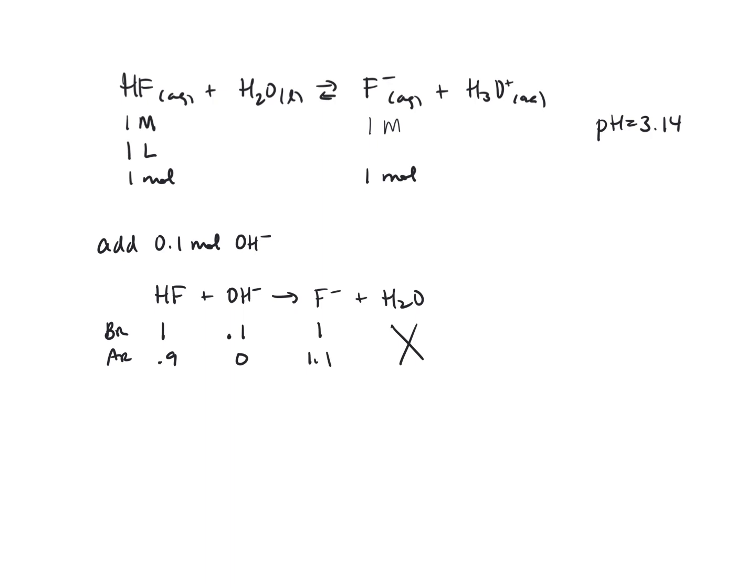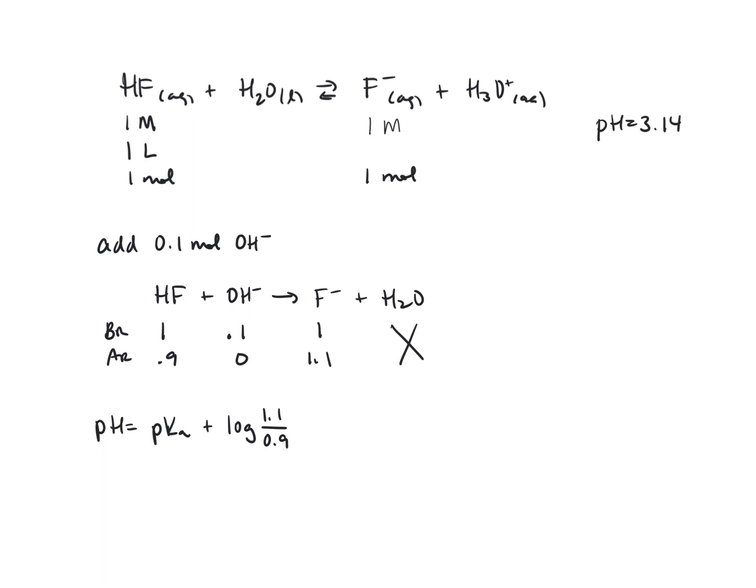And remember what I said, that you can use moles in Henderson-Hasselbalch. So pH equals pKa plus log the conjugate base, 1.1, over the acid.